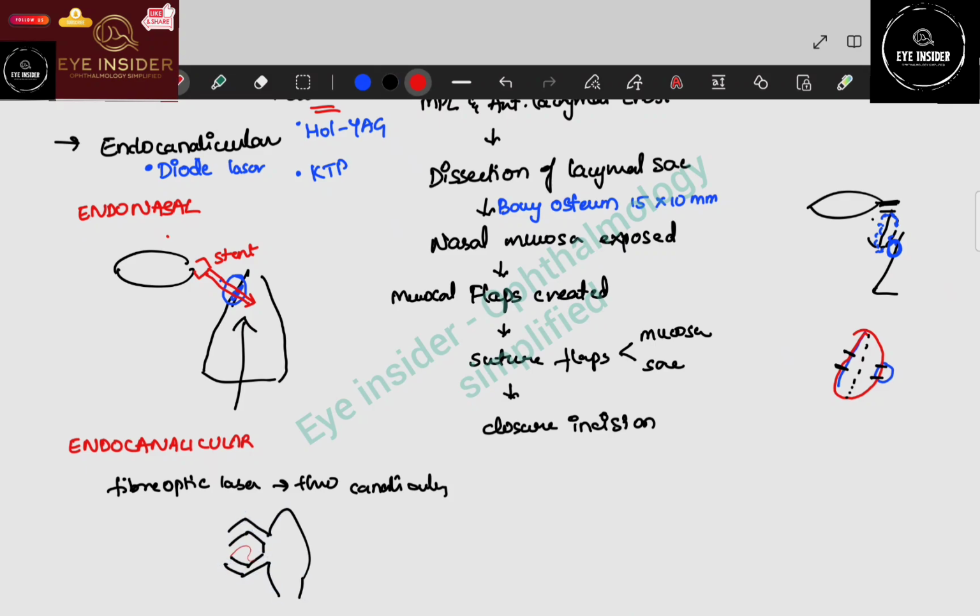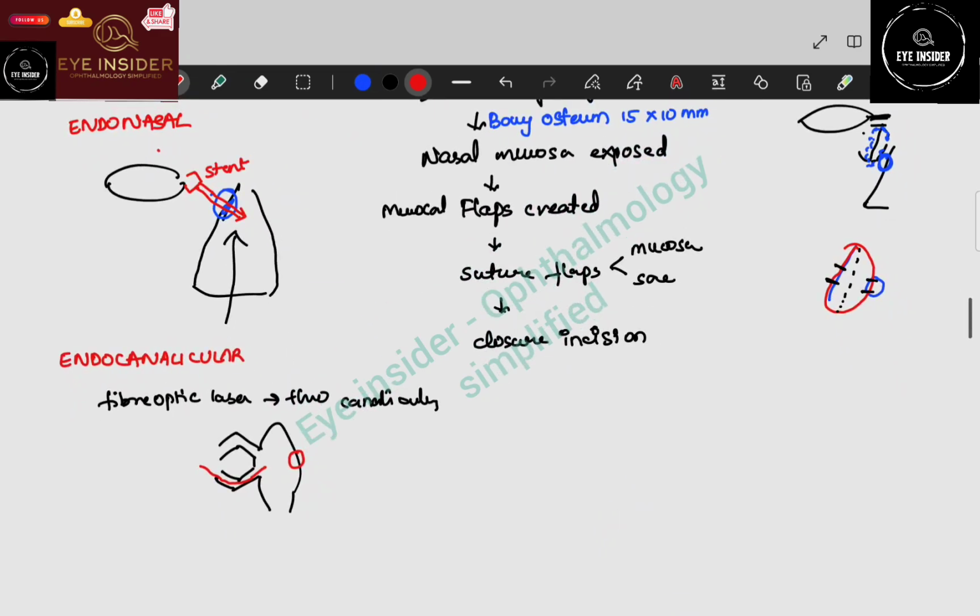So coming to what is this osteum and where it should be exactly placed. This osteum plays a major role in this DCR procedure. It should be placed near the inferior part of the lacrimal bone. Ideally it should be 6 to 8 mm. In case of laser DCR, it should be large, whereas in case of external DCR, 2 mm is said to be enough.